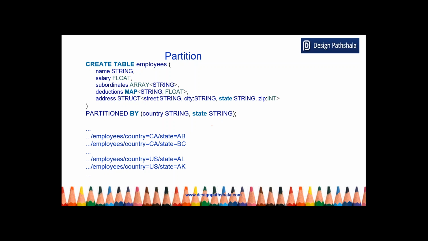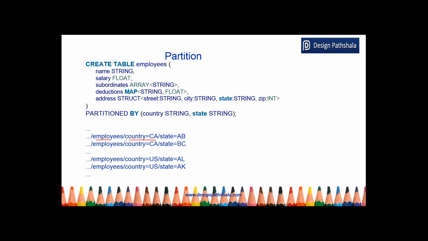So by partitioning, what happens is your data of similar category for a particular table lies in a particular directory. So here this table employees is partitioned on country. So all the employees of Canada will go inside a directory called country equals Canada inside the employees table directory.